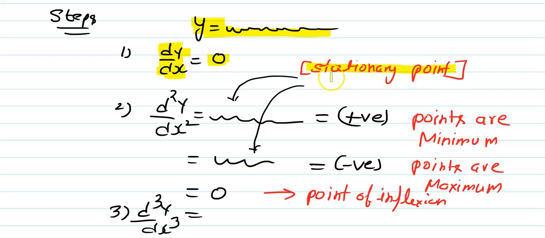Once you get a stationary point, you find second derivative of the function, d2y over dx2 and put these points. If it is coming positive, then points are minimum. If it is coming negative, then points are maximum. And if it is coming 0, then points of inflection, so we go for third derivative, d3y over dx3, and follow the procedure.